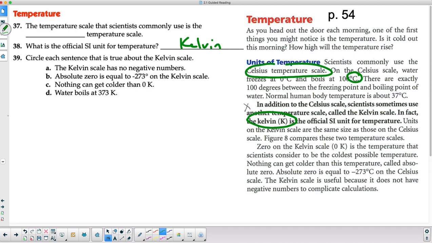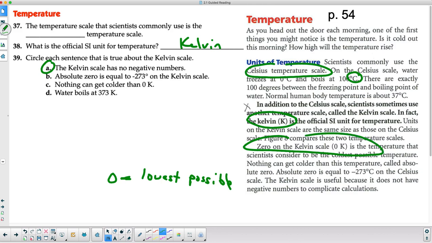Okay, circle each of the sentences that's true about the Kelvin scale. The Kelvin scale has no negative numbers. That is true because the Kelvin scale starts down here at 0 Kelvin, the lowest possible temperature. It says that right here. It is a temperature that scientists consider to be the coldest possible temperature. Absolute zero is equal to negative 273 on the Kelvin scale.